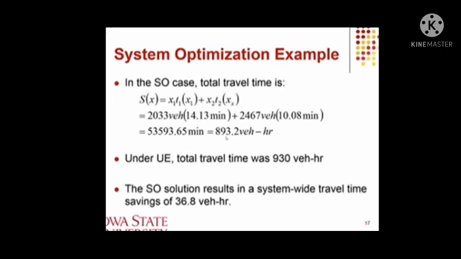Under this UE, the total travel time is approximately 930 vehicle hours. So the system optimization solution results in a system-wide travel time saving of 36.8 vehicle hours.